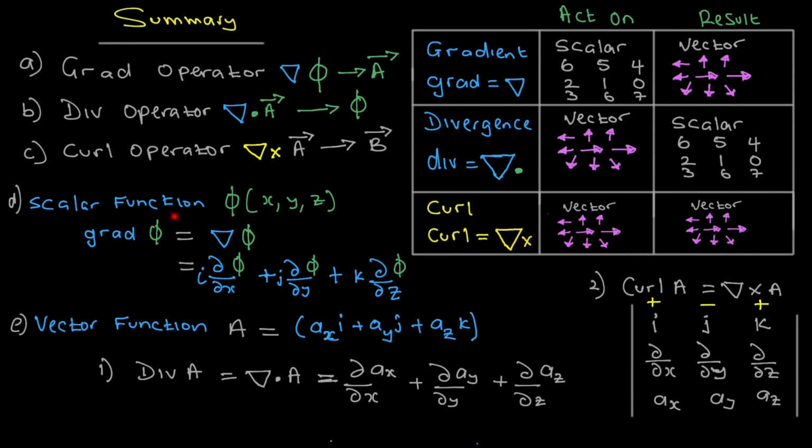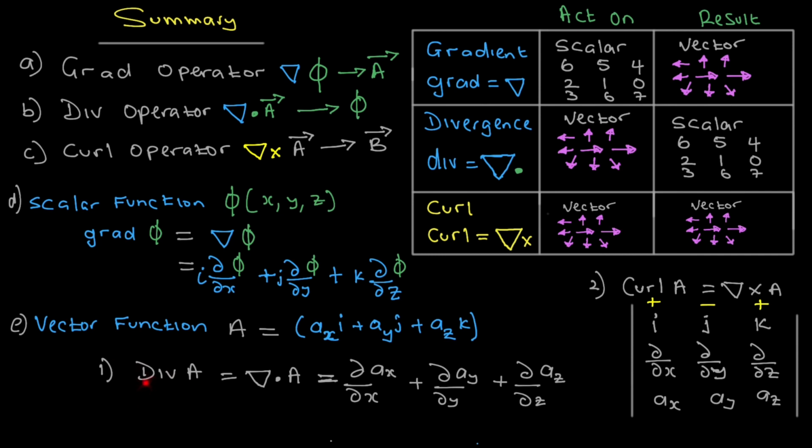So for a scalar function, which is phi, grad on phi will be del phi, and that's how we write it. The vector function A, we write it like that, and we can do two things on the vector function.